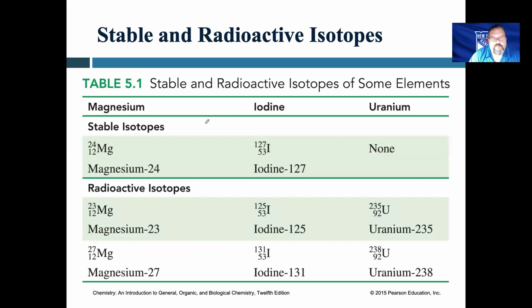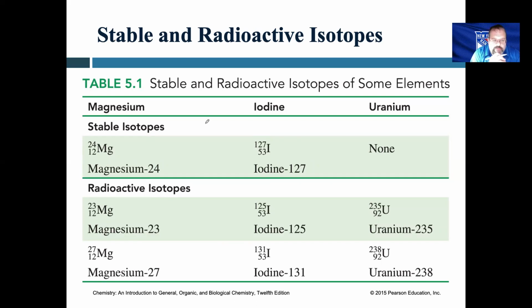So here are some examples. You don't have to memorize these. What they're trying to show you here is, for example, with magnesium, you have a couple of different isotopes, and I think there's even more than what's listed here. You have magnesium-24, which is stable, won't spontaneously release radiation.